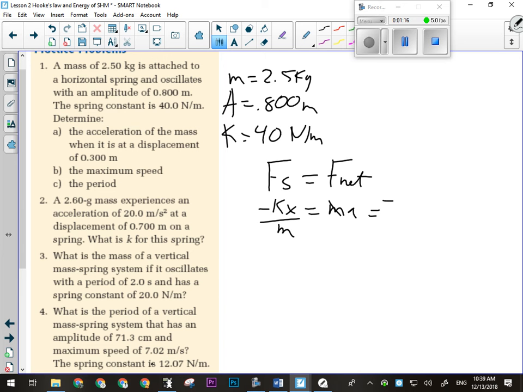So I'll have negative 40 times the x, which was 0.3. And then I'm going to divide that by the mass, which was 2.5.